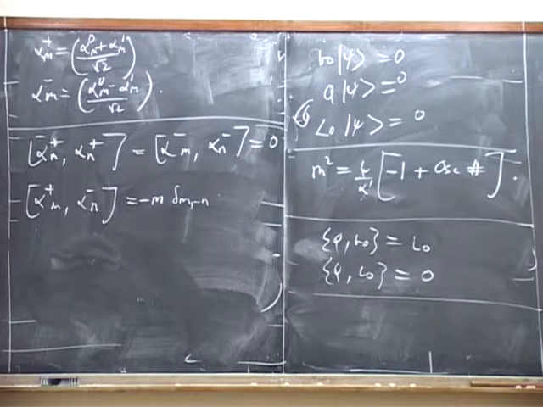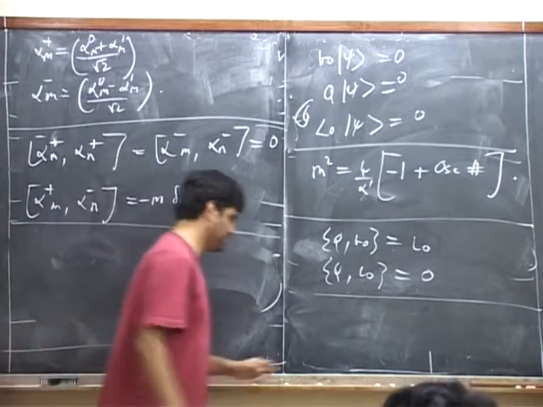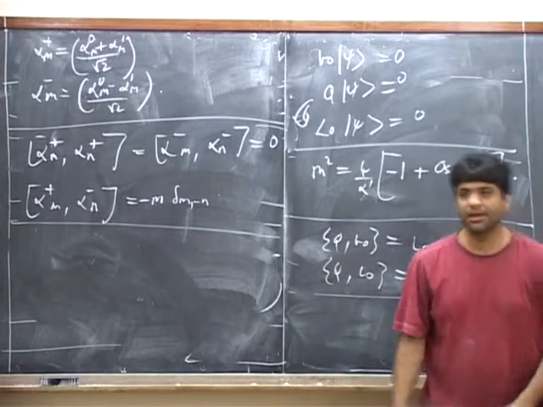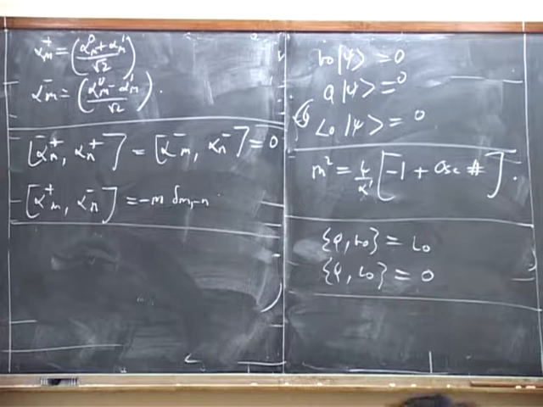You get a factor of 2, and then the 2 square root 2 in the denominator cancels that factor of 2. Okay, so we've got this nice commutation relation for these alpha pluses and alpha minuses.